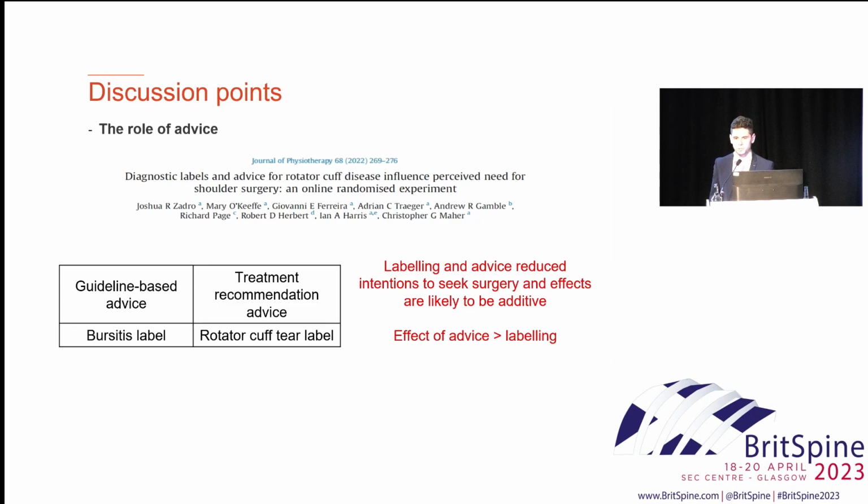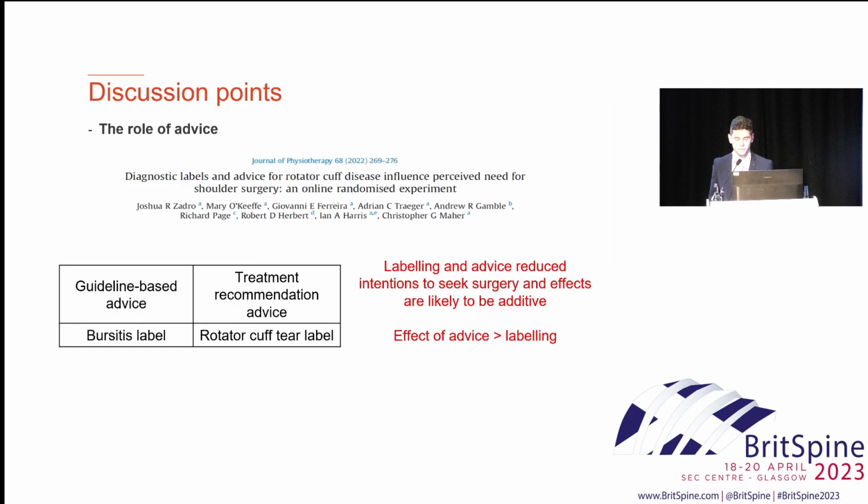And we did a 2x2 factorial design in which people were exposed to those elements in combination or in isolation. And we found that both labeling and advice reduced intentions to seek surgery, and the effects of those two interventions are likely to be additive, which means using one and the other are likely to yield bigger effects than using one in isolation.